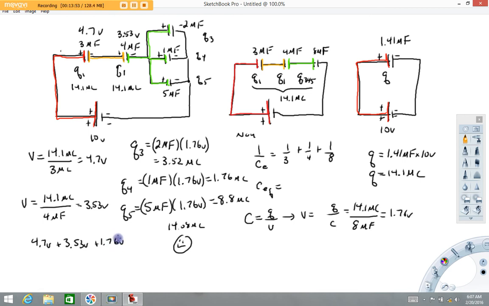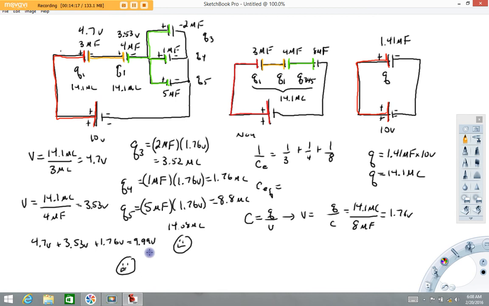And see what I get as a check, keeping in mind I've rounded some of these to 2 sig figs. And I get 9.99 volts. Again, we say we're happy because we know this is a 10 volt potential across here. These add to 10 to 2 significant figures.